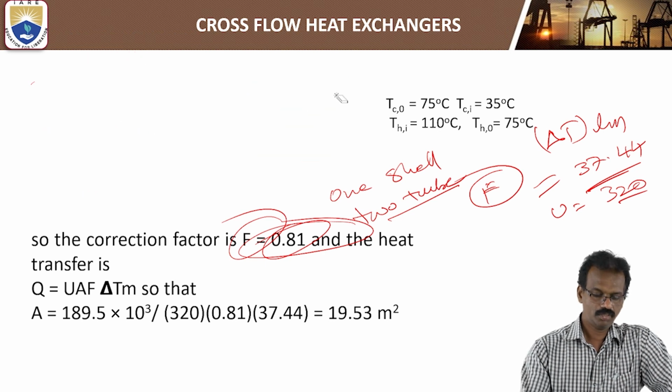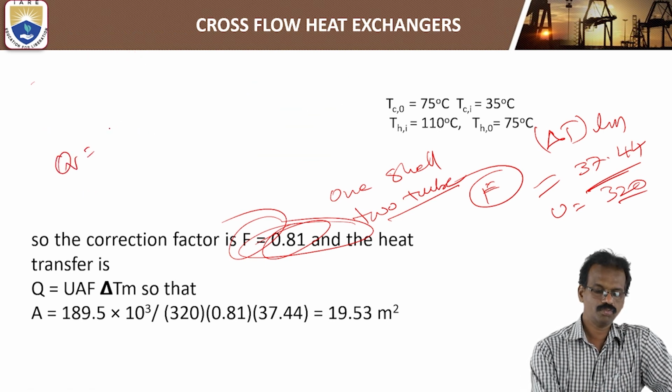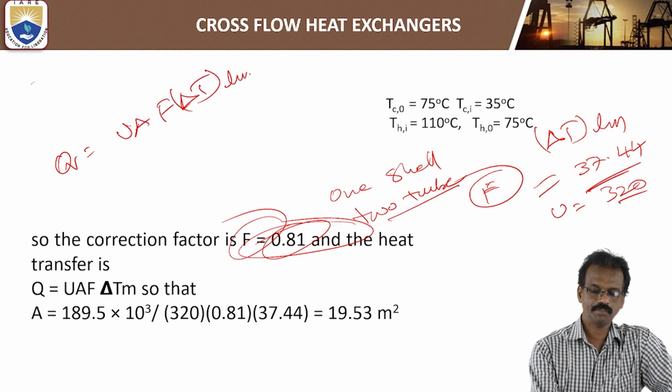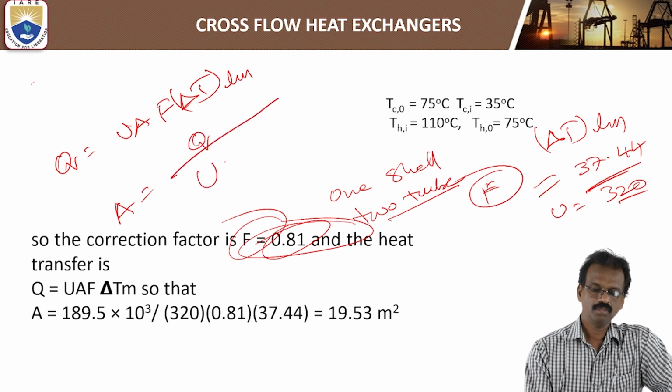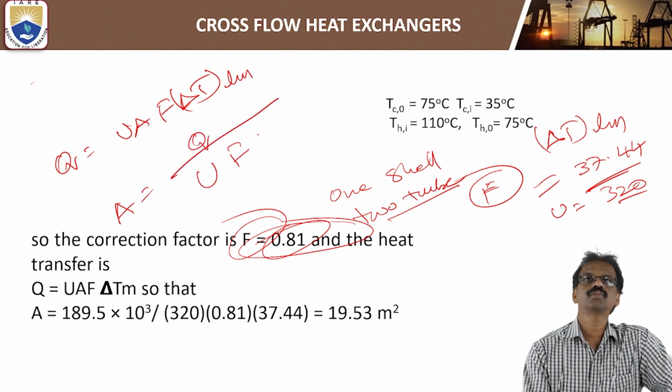So you know that Q is equal to U A F into delta T LM. Then area is equal to Q by U into F into delta T LM.